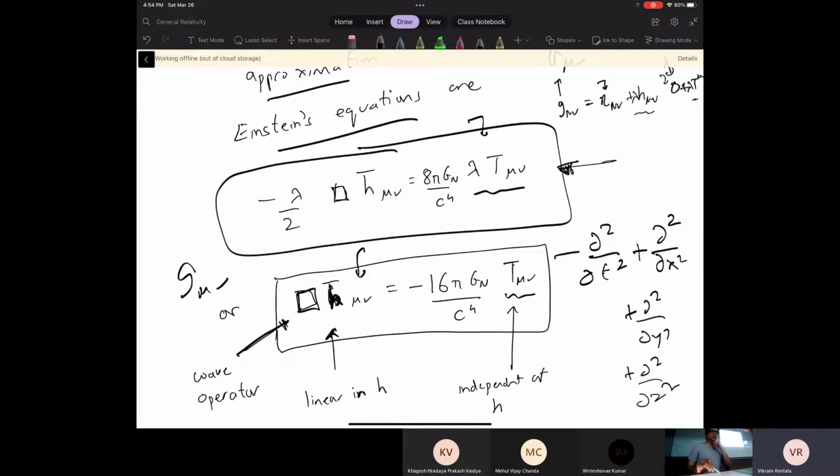But for the moment, let's just say this is a two-index object, and we're just solving every component of this equation, every value of mu and nu. You're just solving a wave equation with some source. So it's a very simple set of equations in this linearized limit.